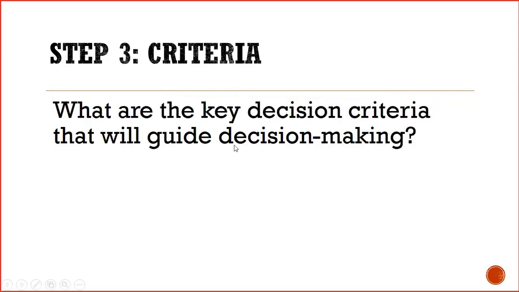Now if you go with product development, it is connected with some theory, new product development in your marketing. And if you go with market expansion, it is again connected with some international marketing theory. What are the ways through which you can go? Is it licensing, franchising, or entering in a new way? These are the ways. So what are the key decision criteria that will guide? That has to be mentioned by the student.